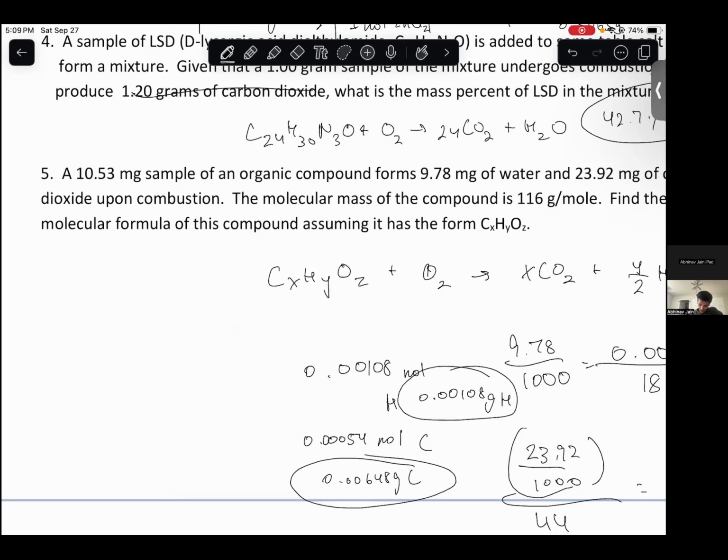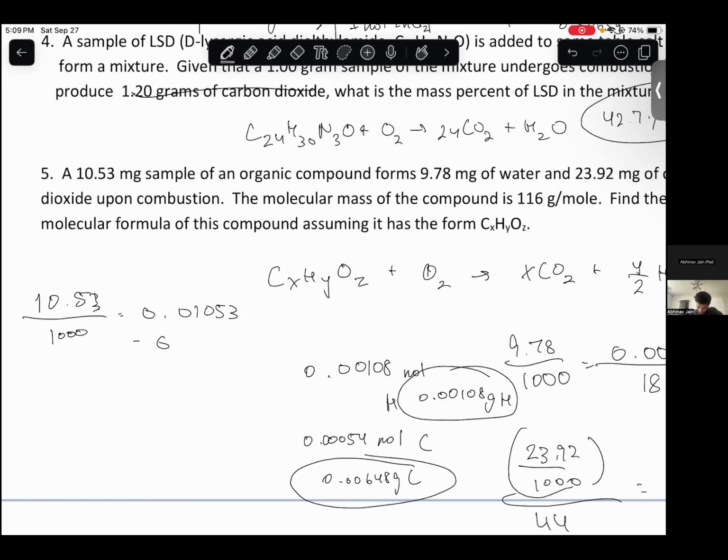From this, we can find the oxygen. We've converted the sample to grams, so 10.53 divided by 1,000 is 0.01053. We can subtract the mass of the hydrogen and the mass of the carbon, because we know that the carbon plus the hydrogen plus the oxygen is going to equal this total mass.